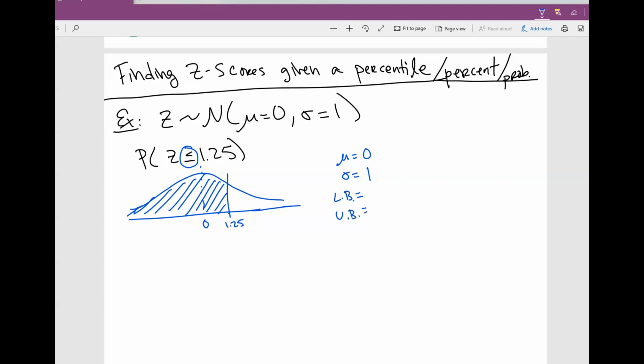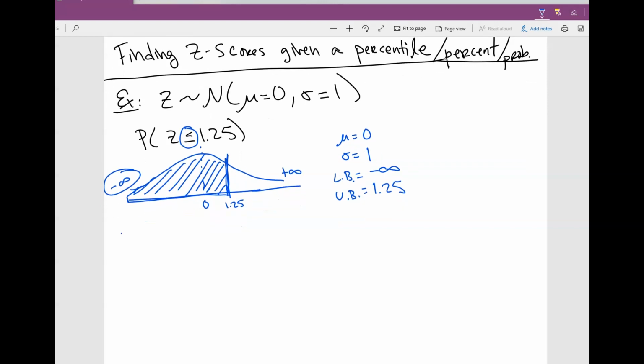So what is this going to be? If this is negative infinity and this is positive infinity, my lower bound is going to be the lowest part of this area, which is negative infinity. My upper bound is going to be 1.25, because that's where my area ends.